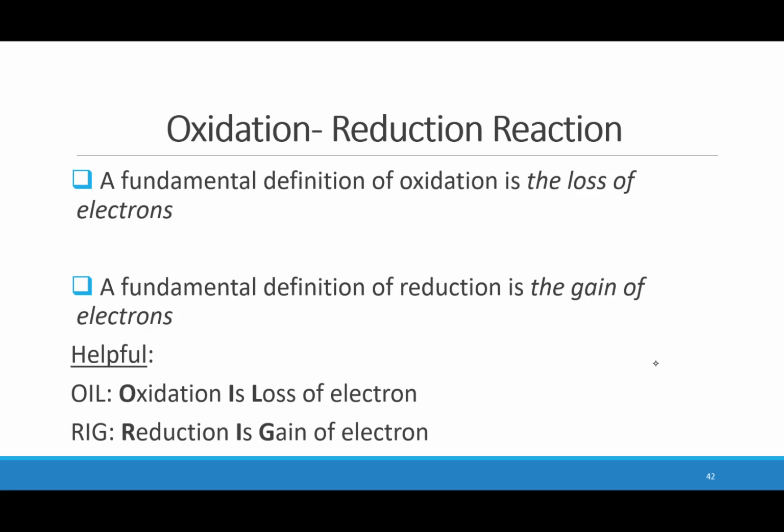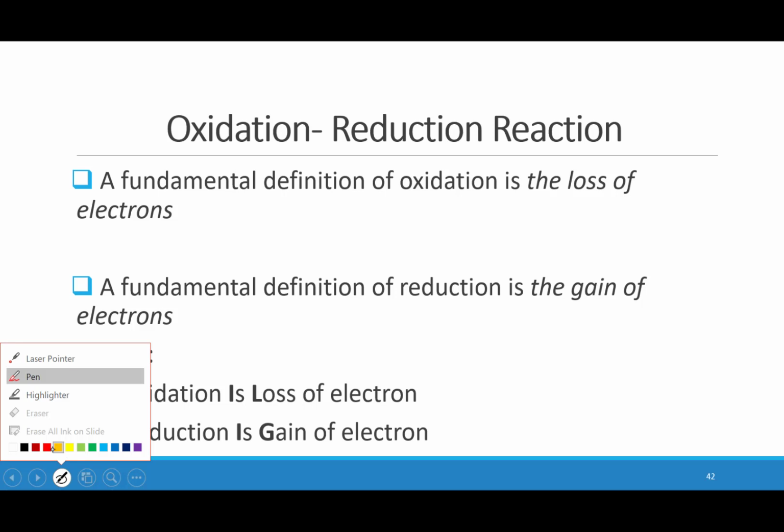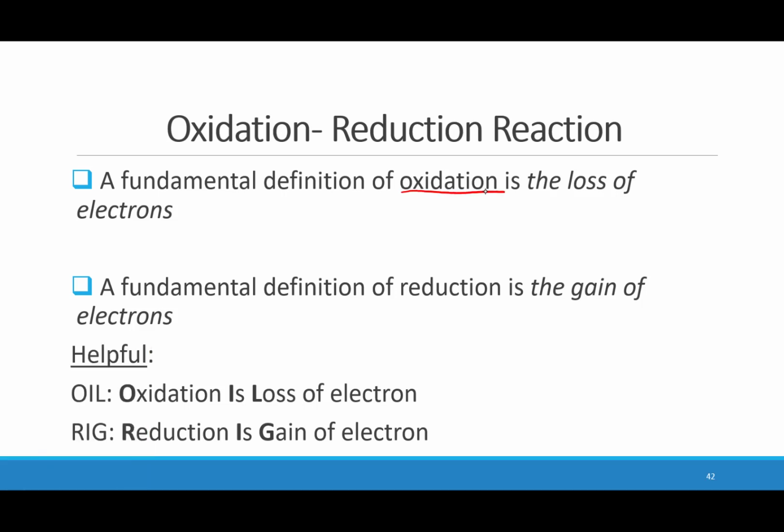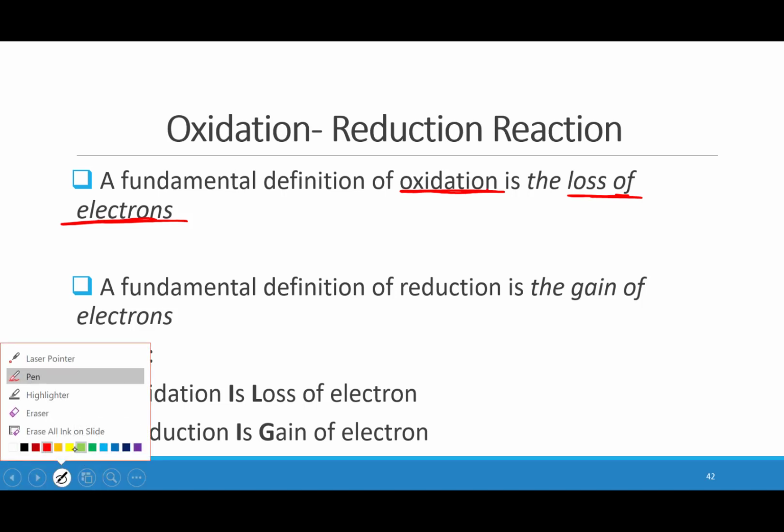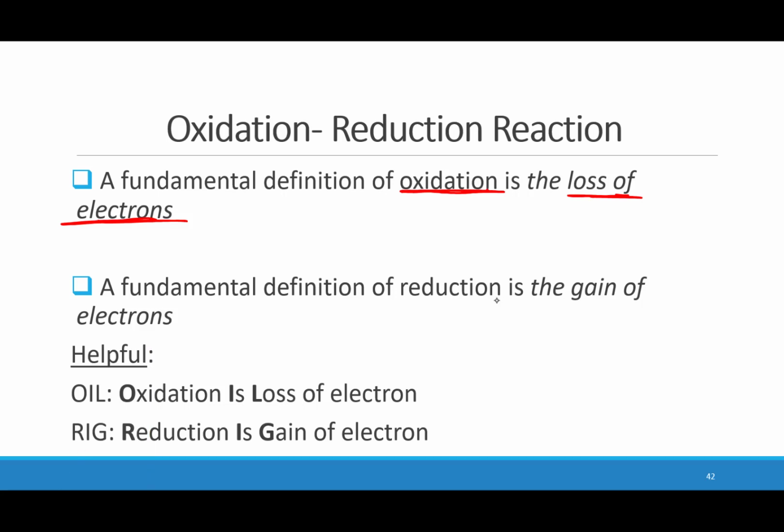What does it mean by redox, or oxidation reduction? Oxidation is the loss of electrons. That means one of the reactants that's losing the electron is becoming oxidized. And the second reactant that's gaining the electron, it's a reduction.